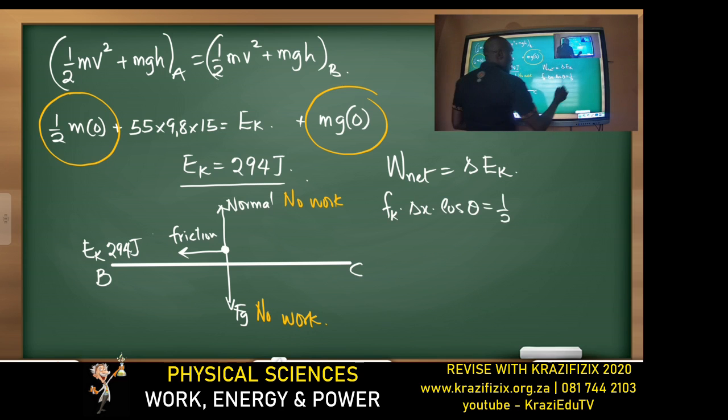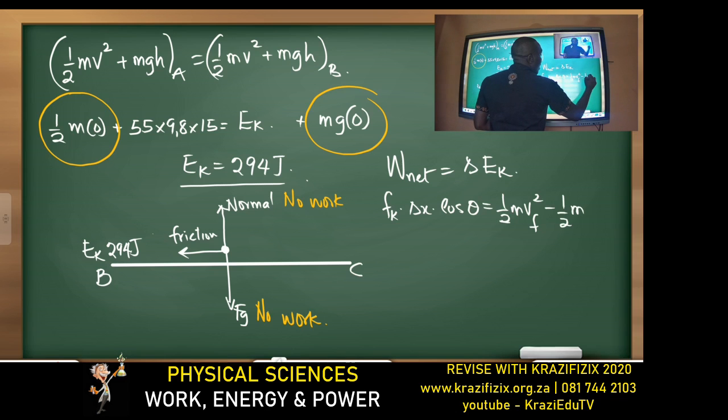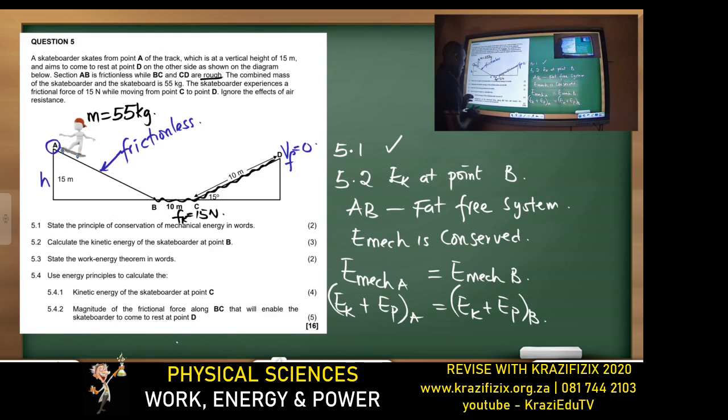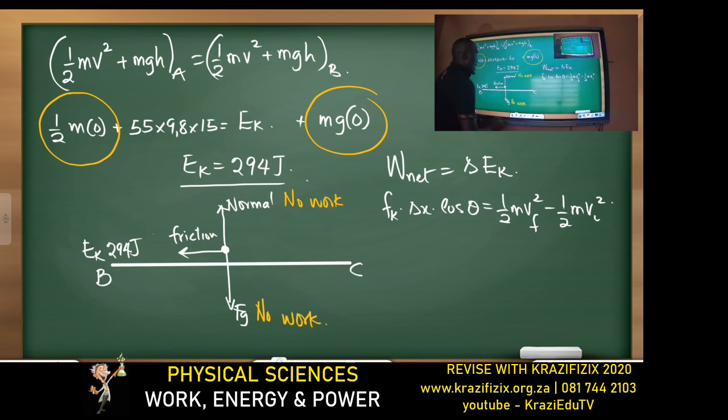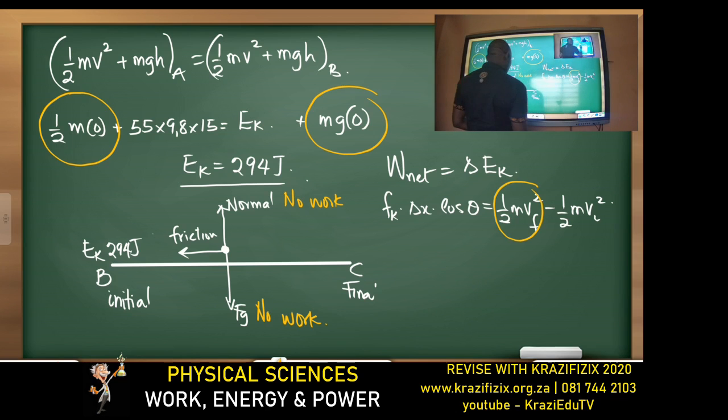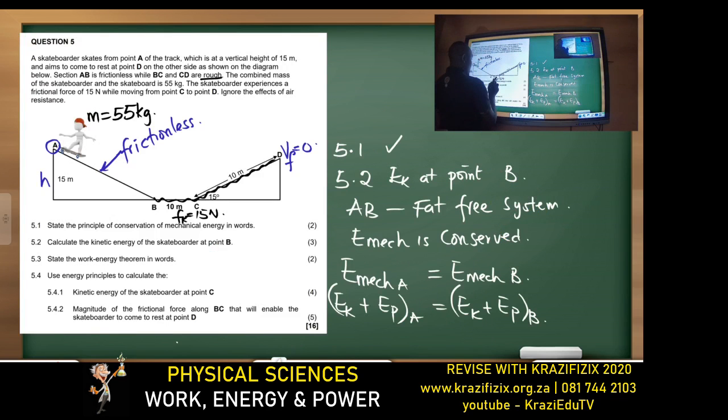And here we're going to have half mvf squared minus half mvi squared. What are we looking for again? Don't lose sight: the kinetic energy at point C, which is going to be my final, and this is going to be my initial. Now we're given friction as 15. What is delta x? 10 meters.